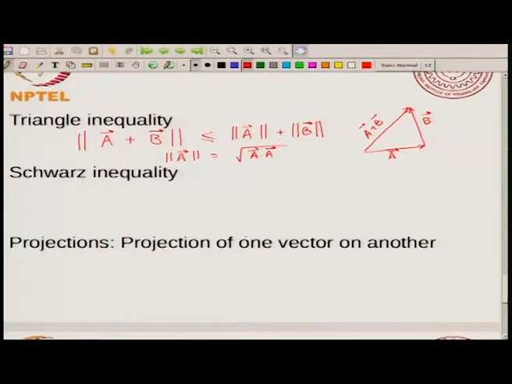There is another inequality called the Schwarz inequality, and we can write it in the following way.